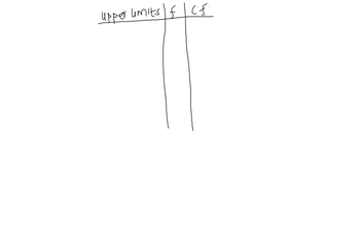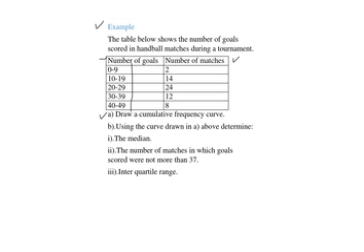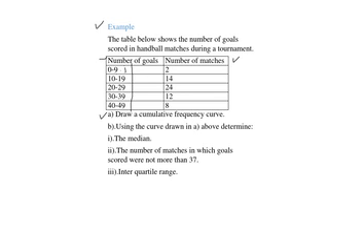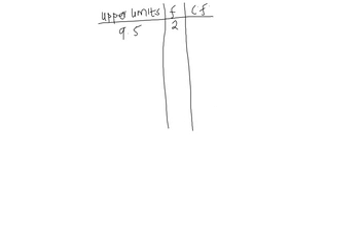The upper limit of the first class is 9.5. You take this number, then you add 0.5. So it is 9.5. The frequency given there is 2. We will calculate the cumulative frequency later.